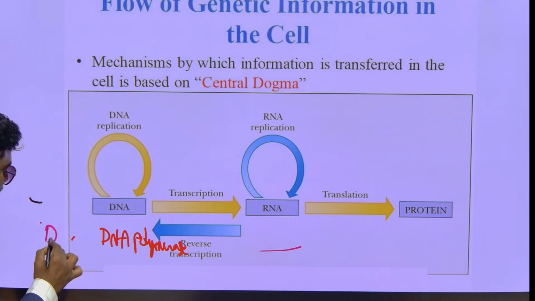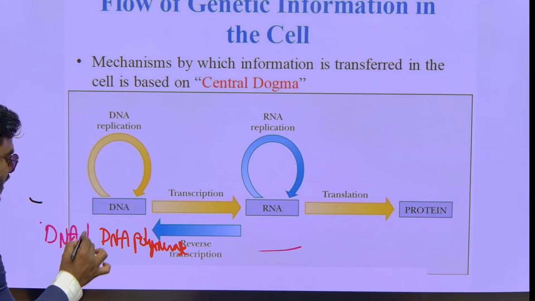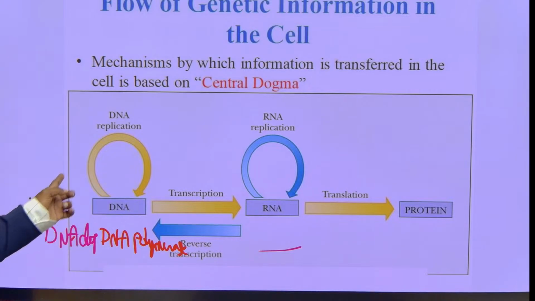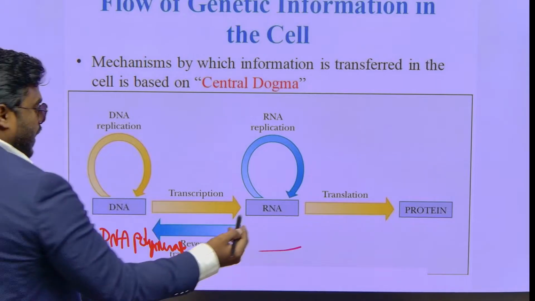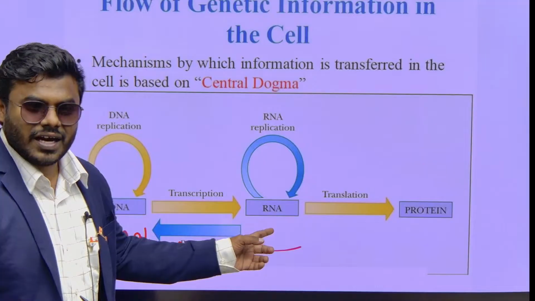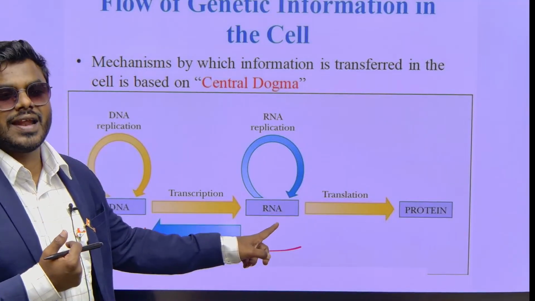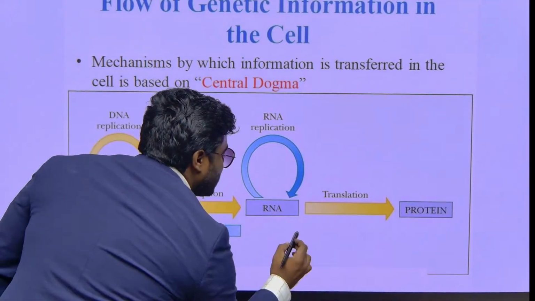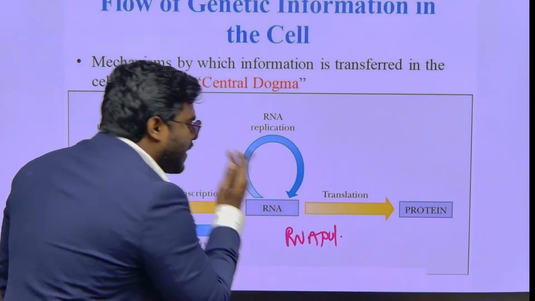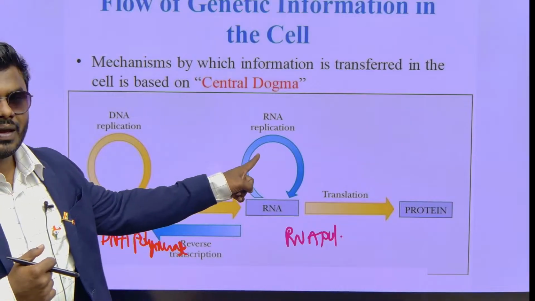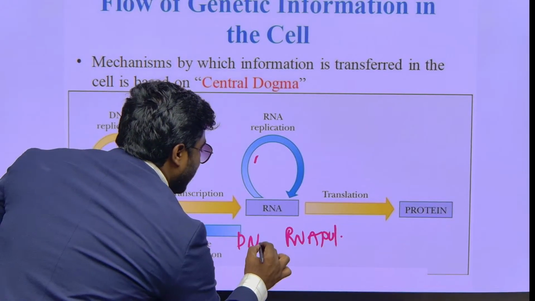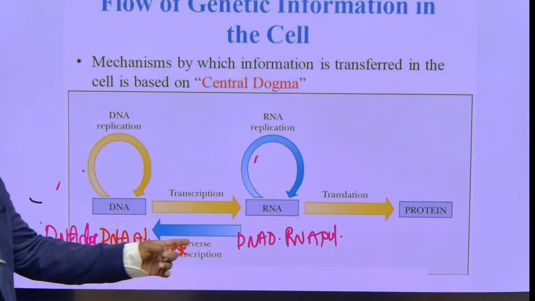That's the reason we use the term DNA dependent DNA polymerase. Next, DNA is going to synthesize RNA. What is the enzyme involved in the synthesis of RNA? RNA polymerase. It gets the information from DNA, that's why we call it DNA dependent RNA polymerase.